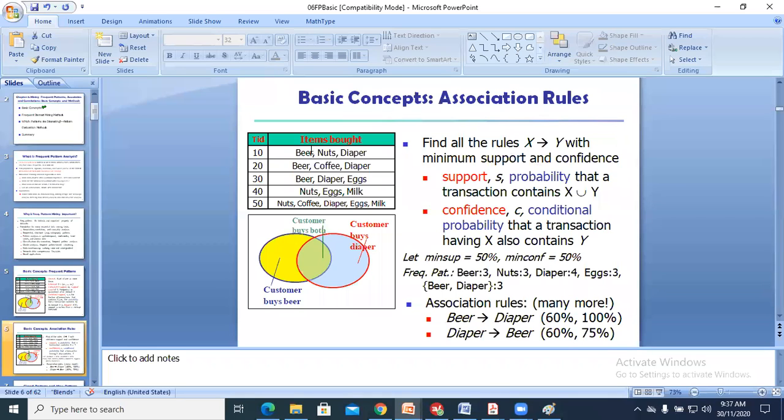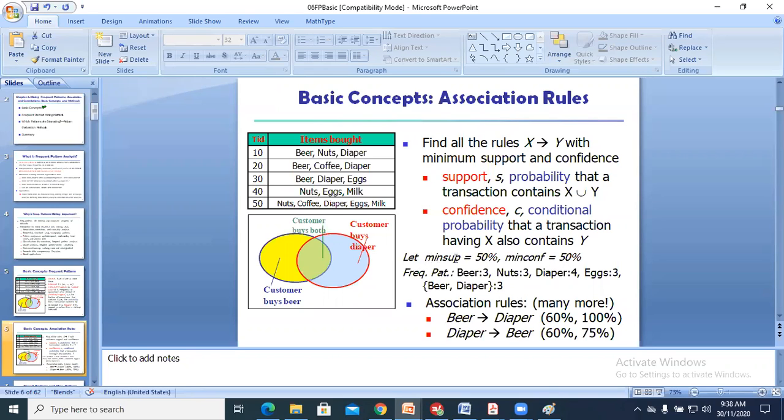For example, we have two products, beer and diaper, and we want to find the association rule that beer and diaper are purchased together, and diaper and beer are purchased together, and we will find the association rules with some level of minimum support and minimum confidence criteria.